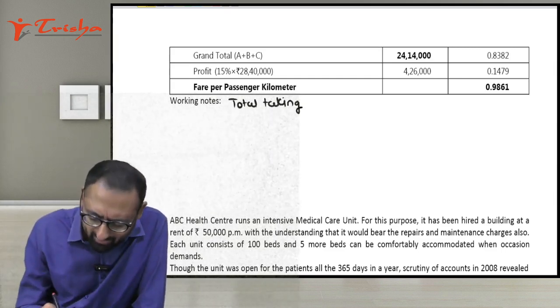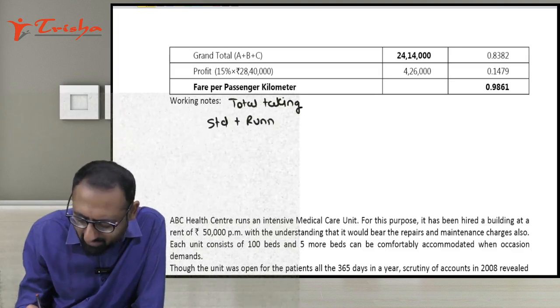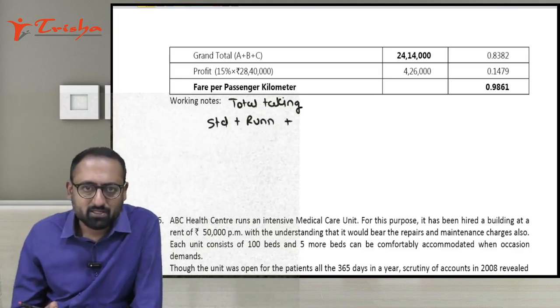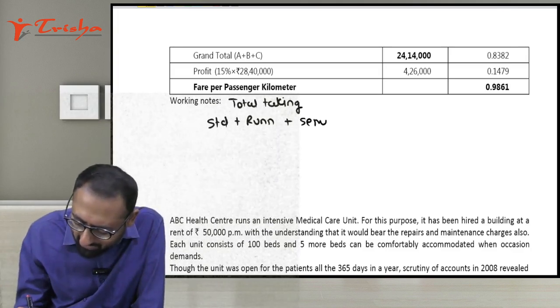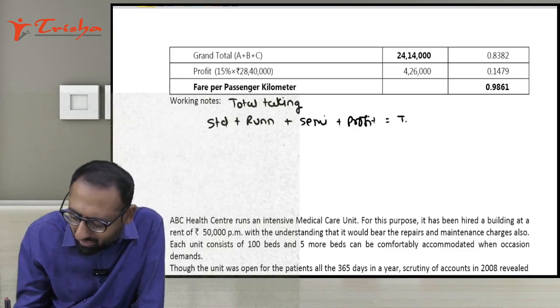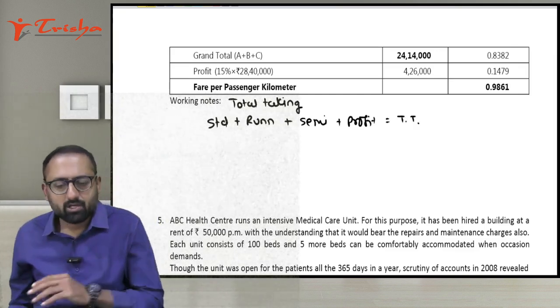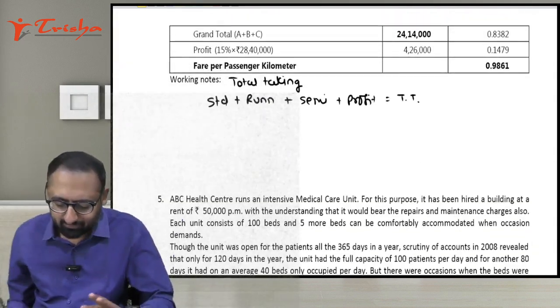So guys, standing charges plus running charges plus semi-variable expenses plus profit will be your total taking. Perfect? Now take the total of standing charges, 15,66,000.